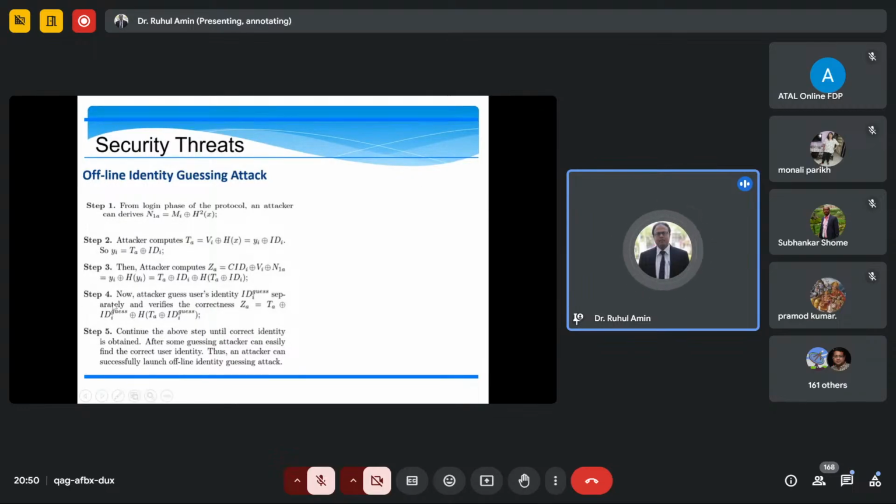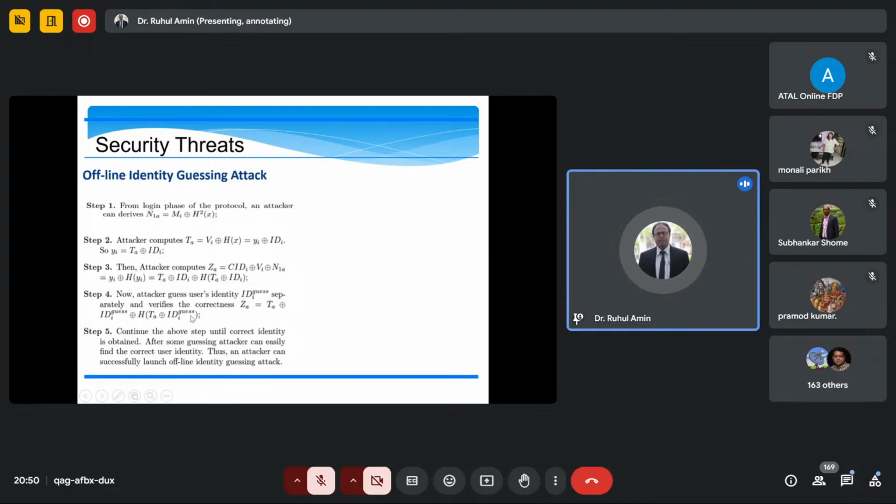So in case of step 4, you see that ZA equals TA XOR IDI XOR hash of TA and IDI. So what does it mean? It means that the ZA parameter is known to the attacker, and TA is also known to the attacker.